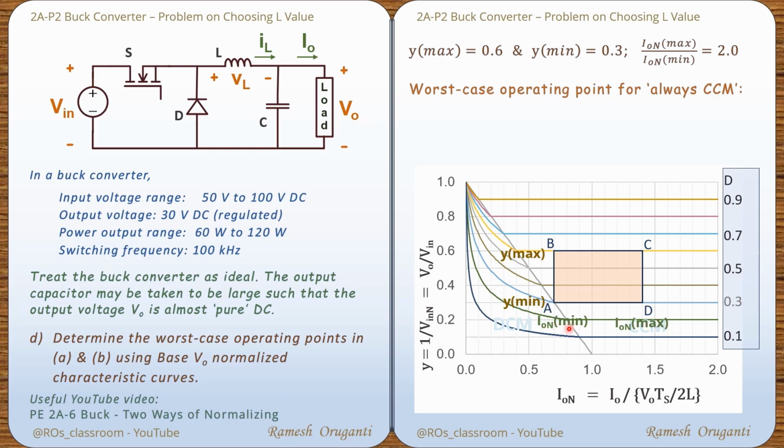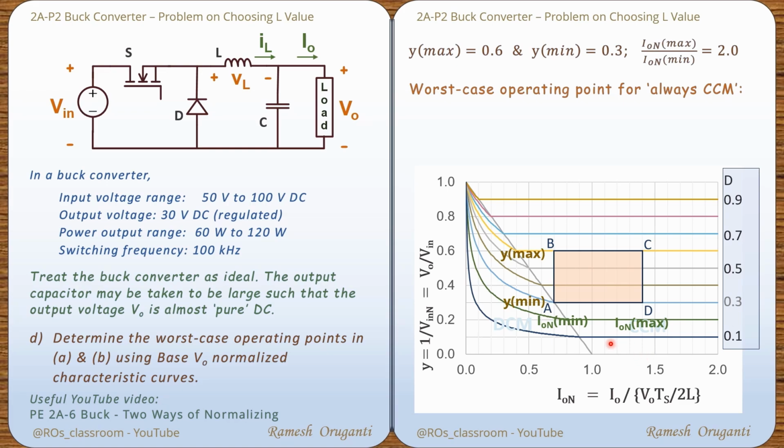This is ION minimum and ION maximum corresponding to minimum output current and maximum output current. You can notice that Y minimum is 0.3, Y maximum is 0.6. That is what we want in our design. ION minimum in this case is 0.7 and ION maximum is 1.4, so that the ratio is 2.